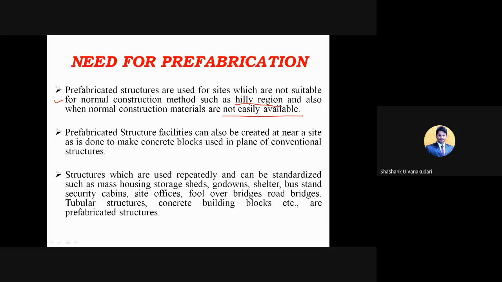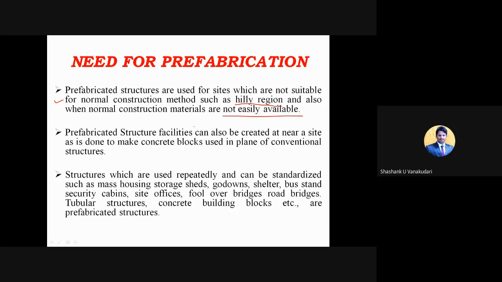So at that time you need to cross-estimate whether to go with the prefabrication system, so that we can reduce the cost and time, or whether to switch to the conventional method, bringing raw materials from a faraway place. After the cross-estimation, we need to decide which one is better, prefabrication or the conventional method.